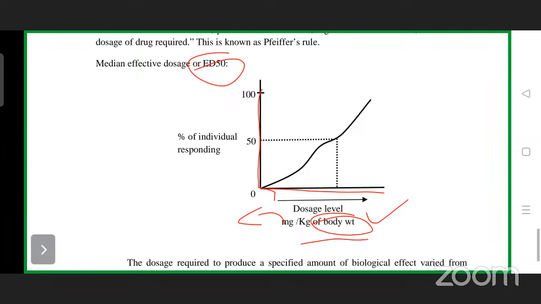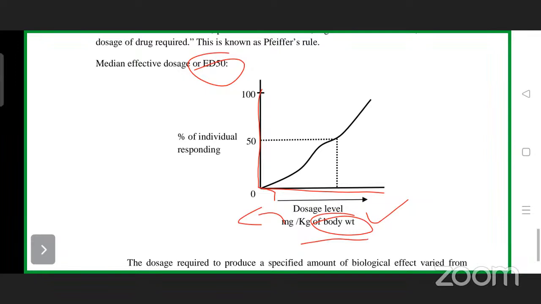And if it is a preclinical trial, we'll apply it on mice, rats, and guinea pigs. They are the experimental animals.